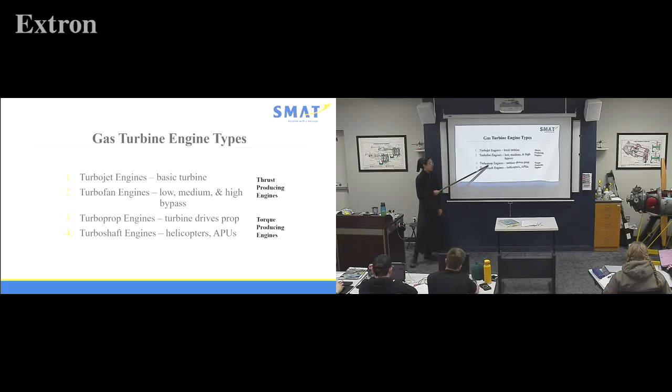Then turboprops, like our fine example right there, that has a propeller on the front of the engine, or turboshaft, where the turbine will also be driving, connected to a shaft, connected to the rotor on a helicopter, or an APU.